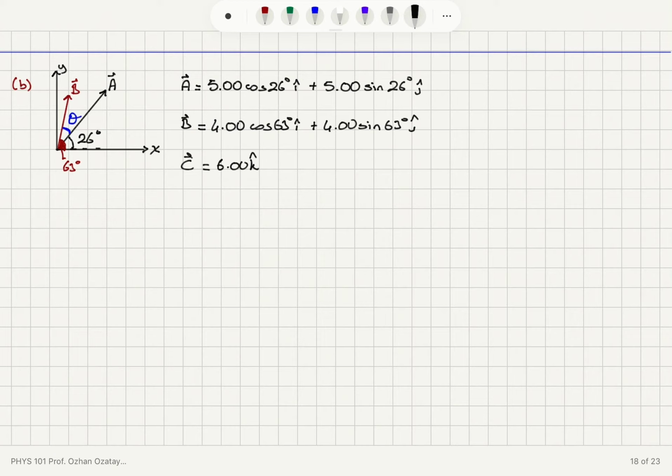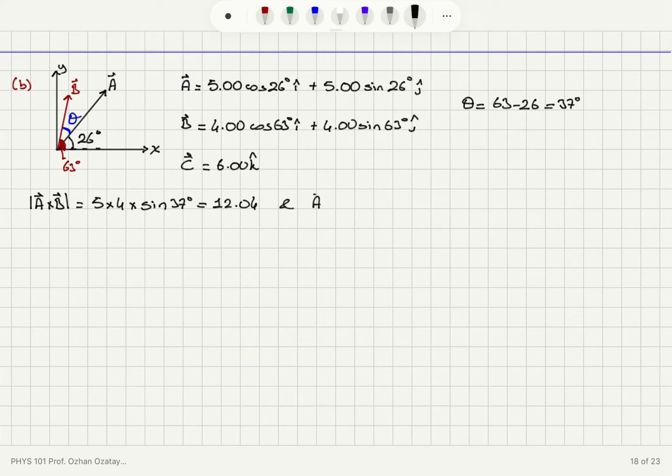Okay, so what is the angle between A and B? It is 63 minus 26, which is 37 degrees. So what is the magnitude of A cross B? The magnitude of A cross B is 5 times 4 times sine of the angle between them, 37 degrees, which is 12.04.